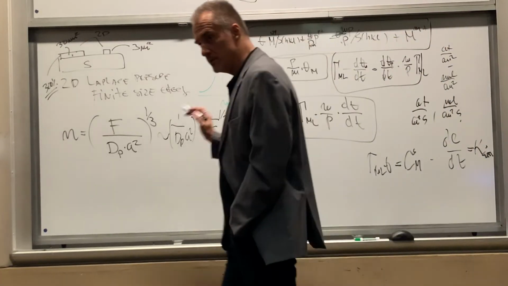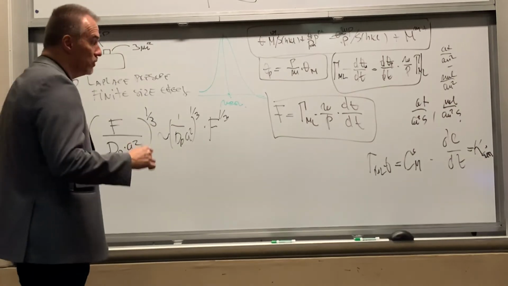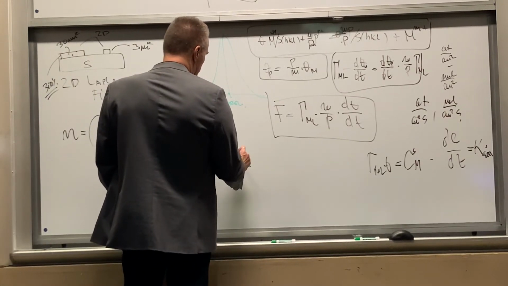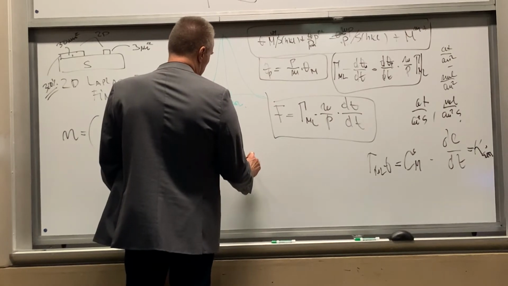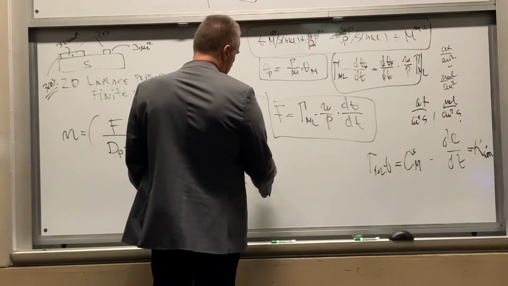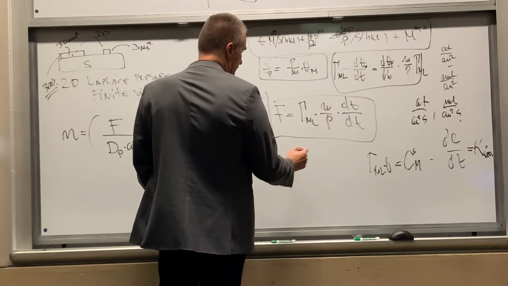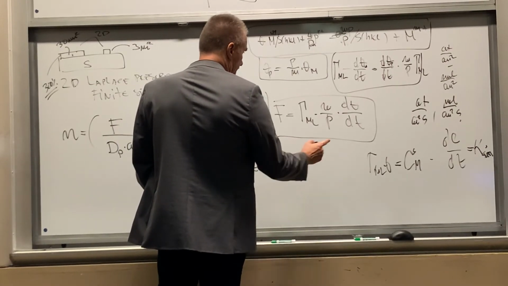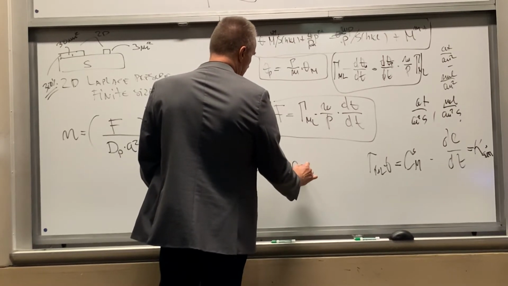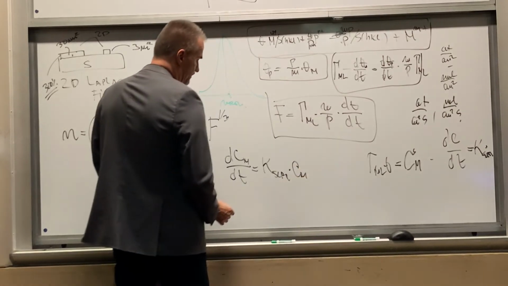To be more general, I'm gonna say that dC_M over dt is equal to K of the SLRR times C_M on the surface.